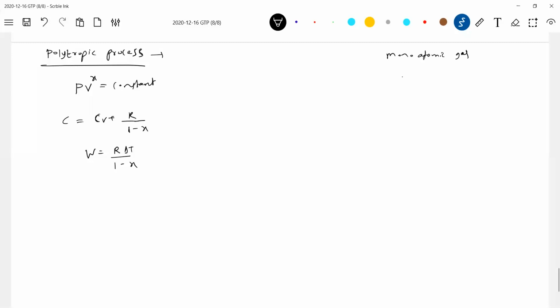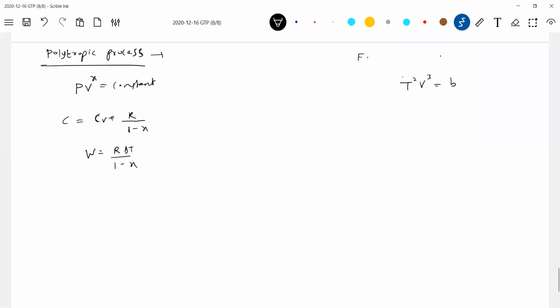For a monoatomic gas, some equation is given. I want the molar capacity for a monoatomic gas which will undergo a process like this. Let me write the question. It will be easy for you. Everything we have done, we are making it into a formula discussion.